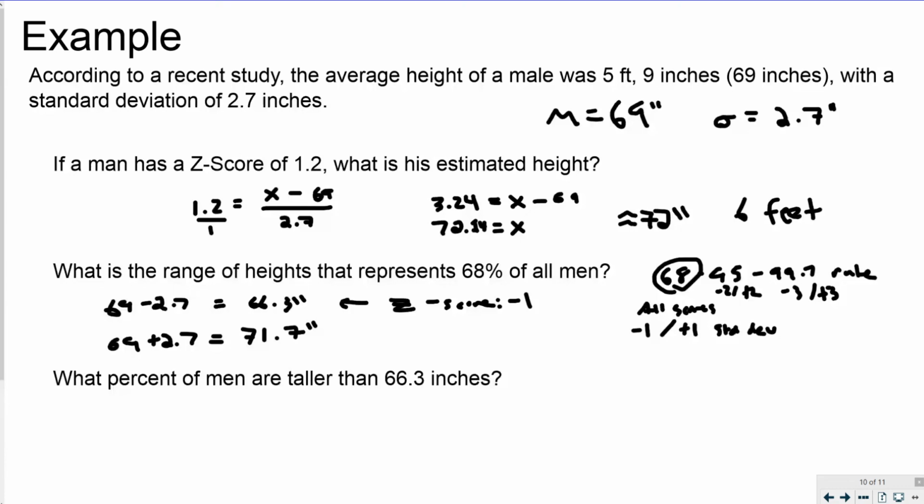So what I would do is look on my z-score table that you guys are going to be given, and -1 as a z-score has a percentile ranking of 15.87.